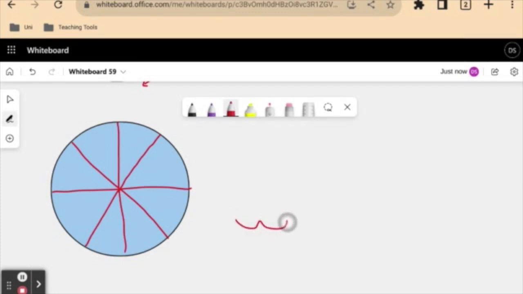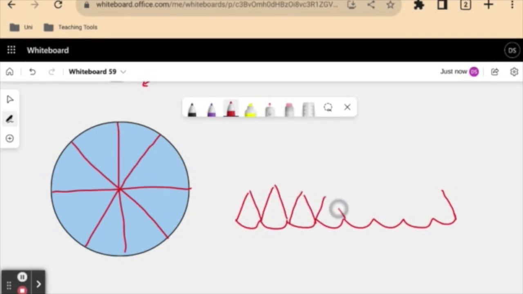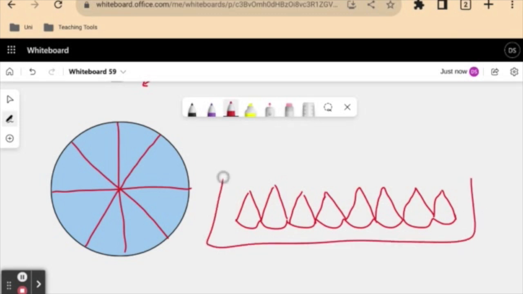I'd have 1, 2, 3, 4, 5, 6, 7, 8 little pizza slices here. Please forgive my bad drawing. I'm hoping it'll get better with time. But unraveling all this, I get all my pizza slices in a nice little row here.